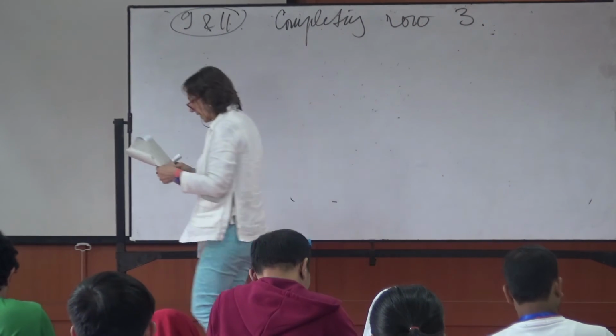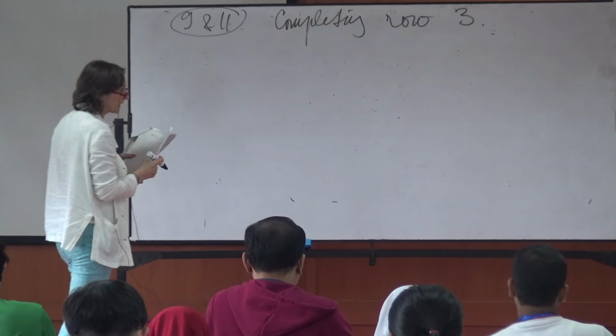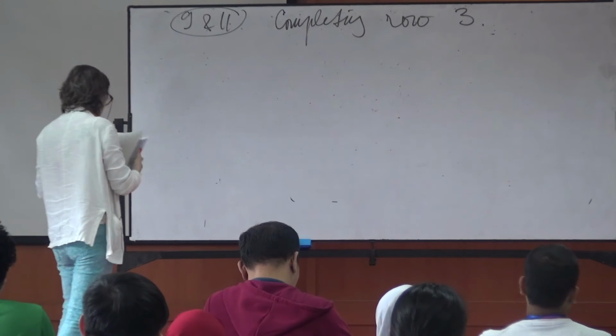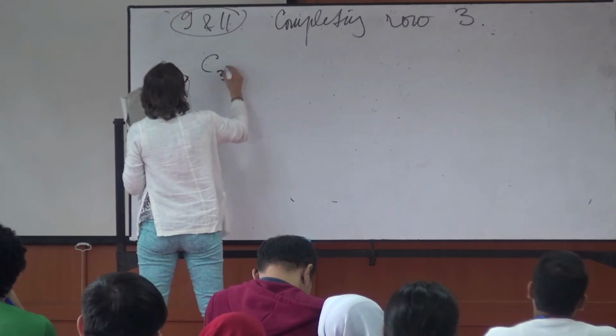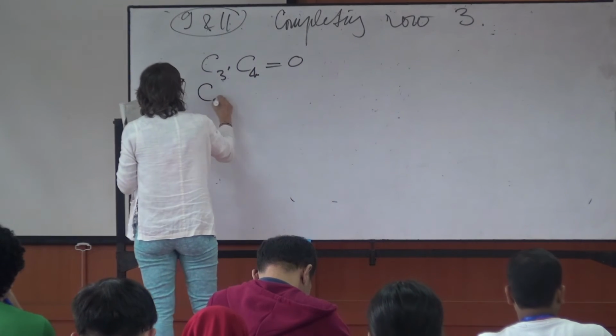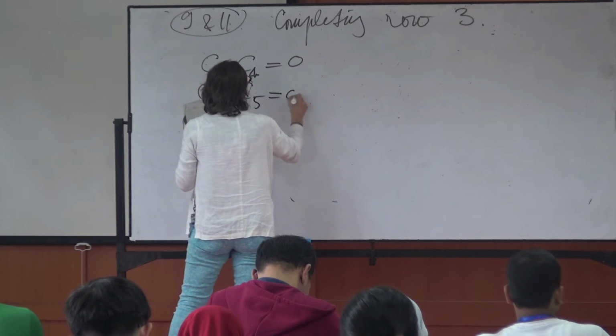What do we know? For instance, we know that C3 and C4, and C3 and C5, have to have inner product 0. C3 dot C4 has to be 0, and C3 dot C5 has to be 0.